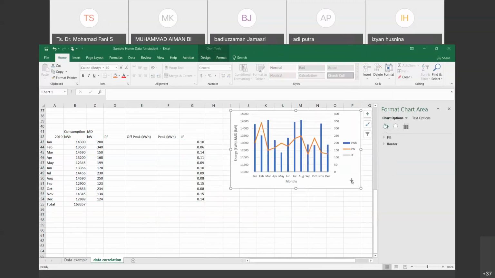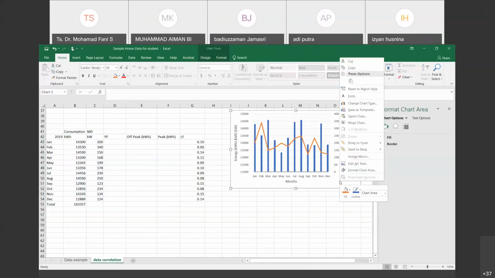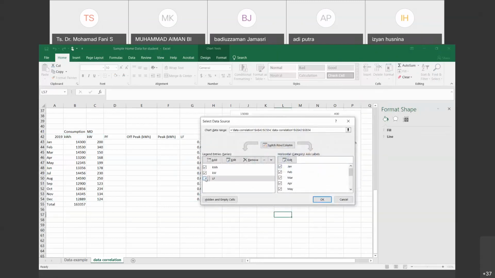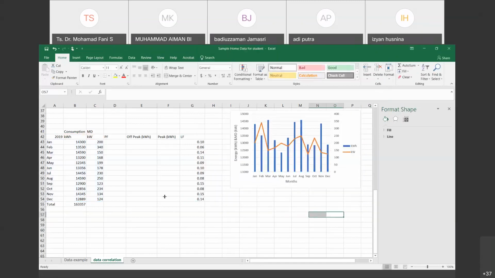So we can design another type of graph to see the correlation between consumption and load factor.